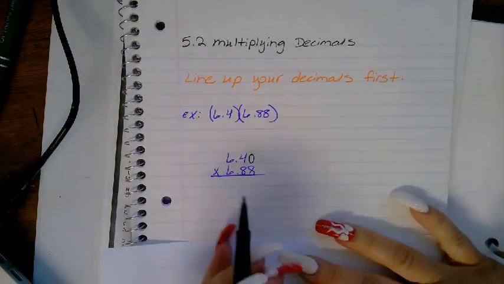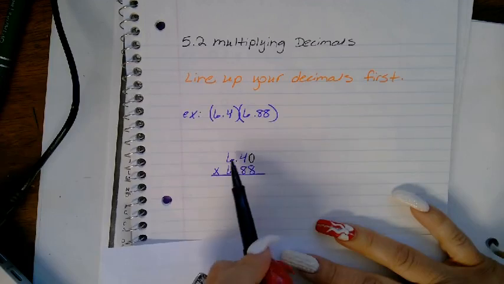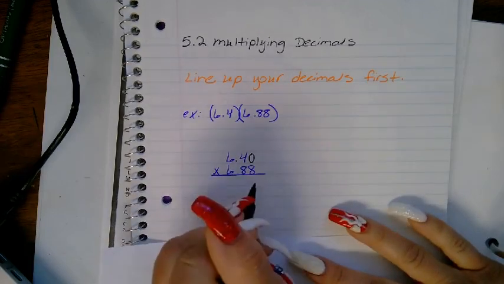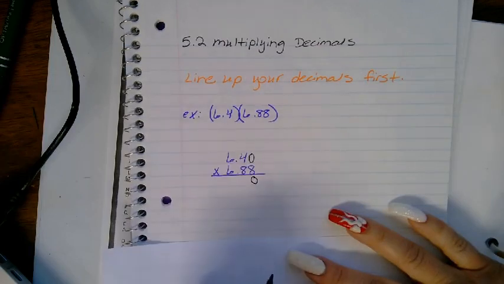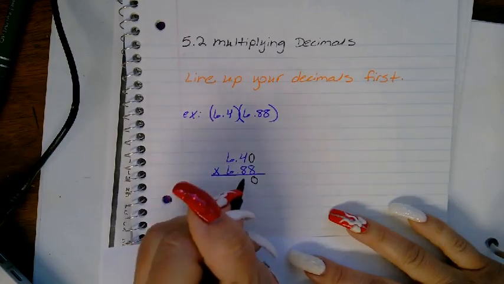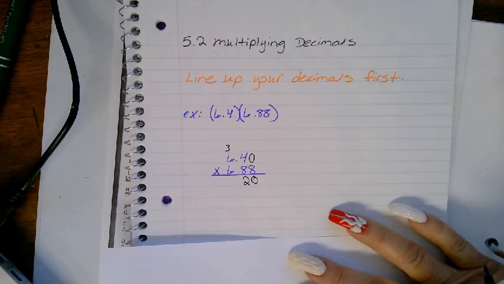There we go. So remember, when we're multiplying, we're going to start with the bottom number first, in the ones column, right? And we have to multiply this 8 by every number up top. So we do 8 times 0, which gives us 0. Then we have 8 times 4, which gives us 32. So our 2 goes here. Our 3 goes up there.